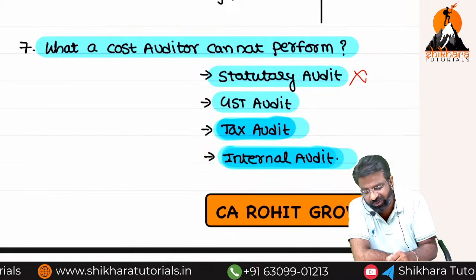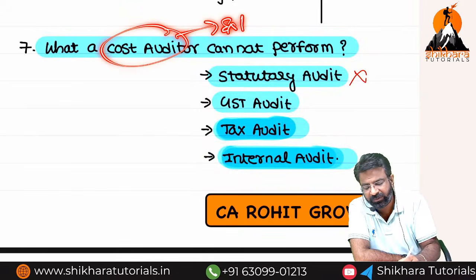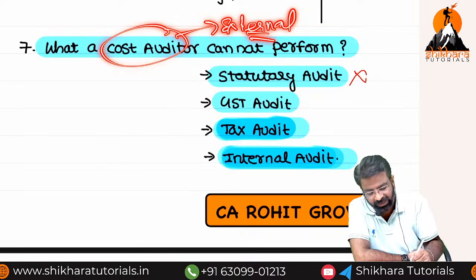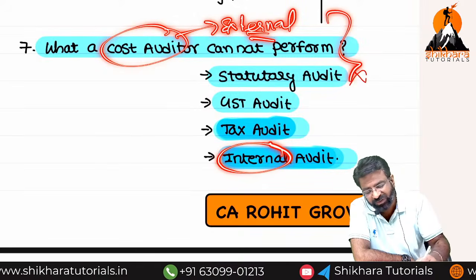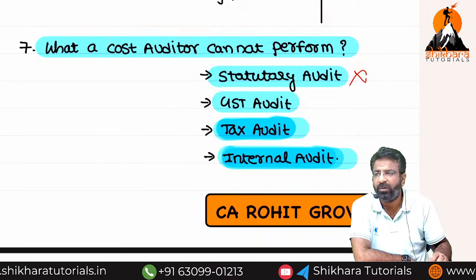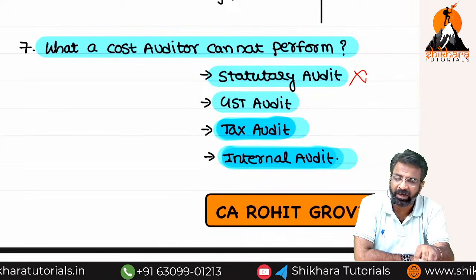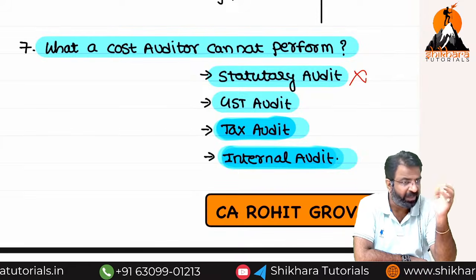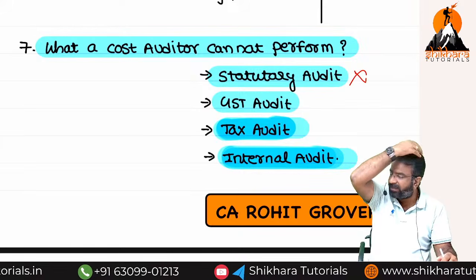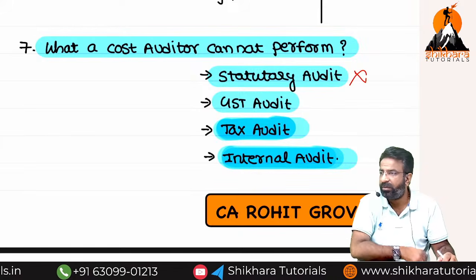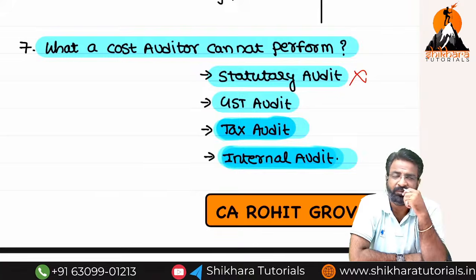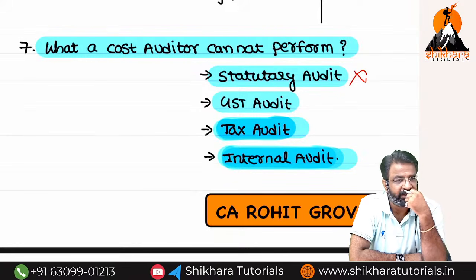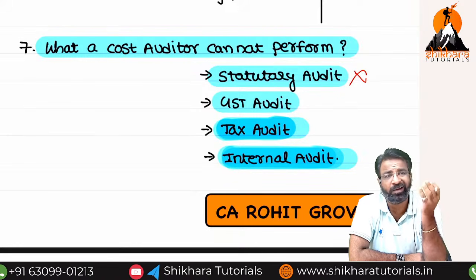Because as a cost auditor, you are an external party, and here you are internal. Again, which kind of threat? Self-review. You are doing an internal audit of the entity, and at the same point of time, you are doing external audit of the same entity. Don't you think that you will face a threat? Which threat will you face? Self-review threat. Is it clear or not? So tell me, what 4 are your disqualifications?